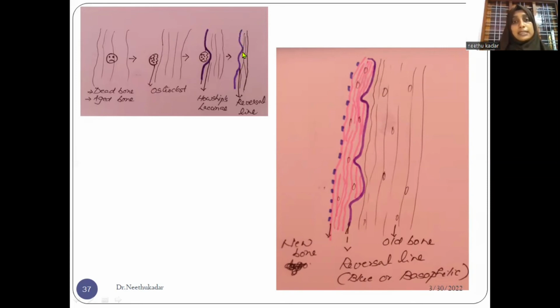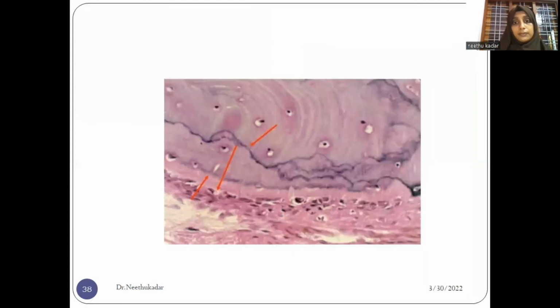The convexity of the scalloped line faces the old bone, whereas the concavity, where new bone deposition occurs, represents the new bone formation. These irregular lines in a histological section are called reversal lines or cemental lines, which represent bone resorption.